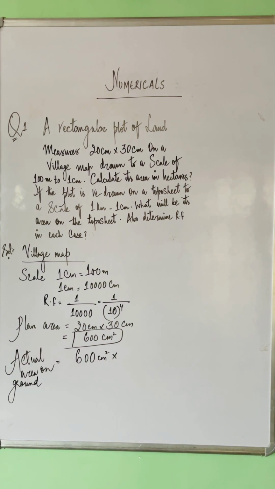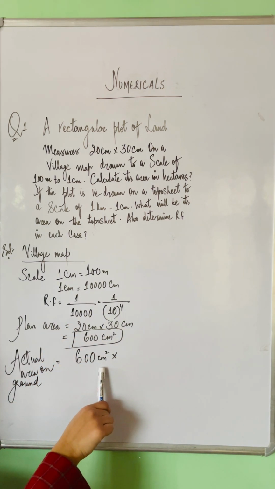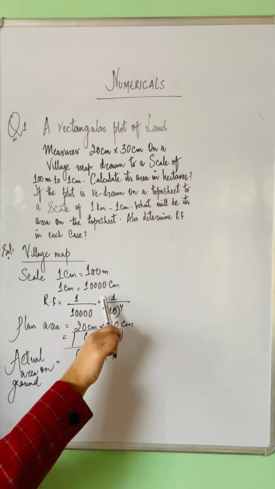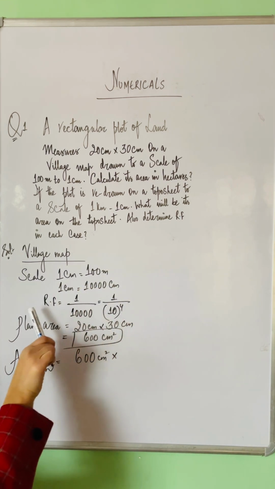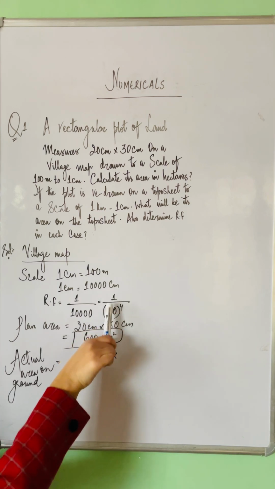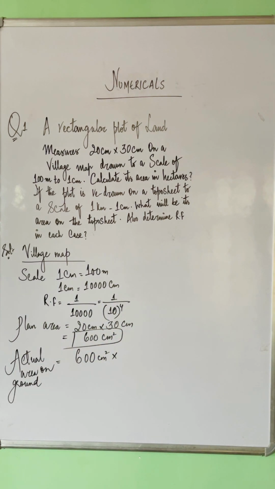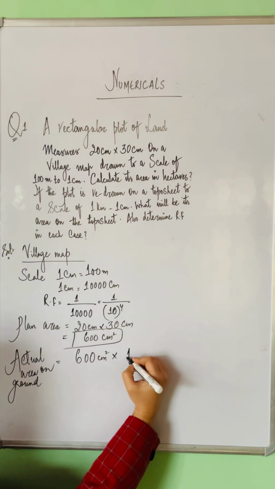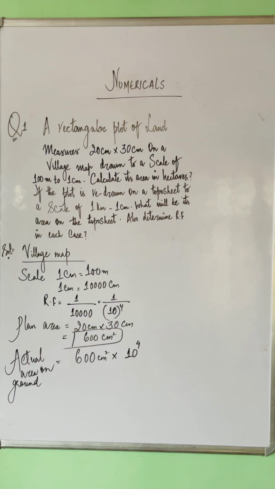What is scale? Every 1 centimeter represents how much? 10,000 centimeters on the ground, or the representative fraction is 1 by 10 raised to power 4. So what shall I do? I'll multiply it by the representative fraction or the scale.